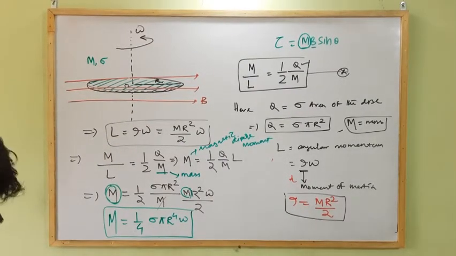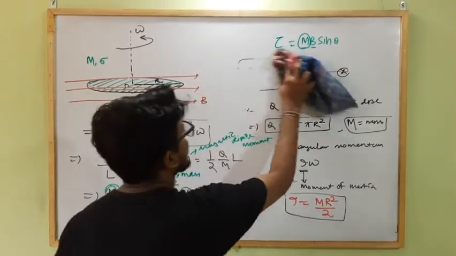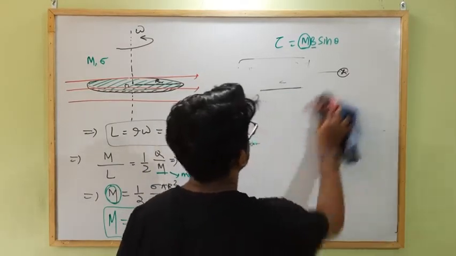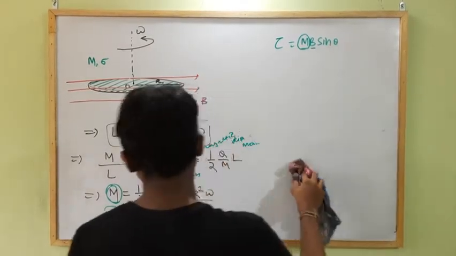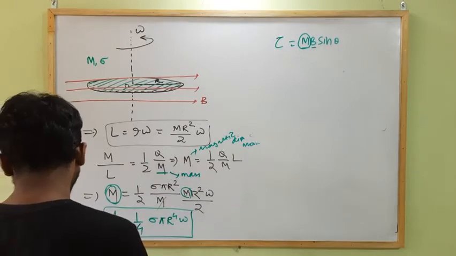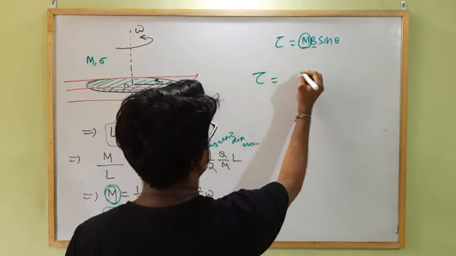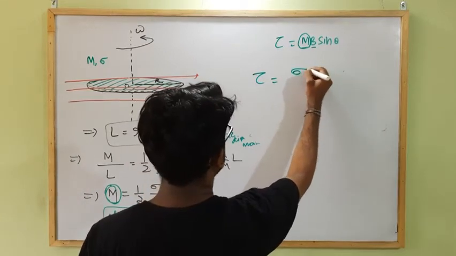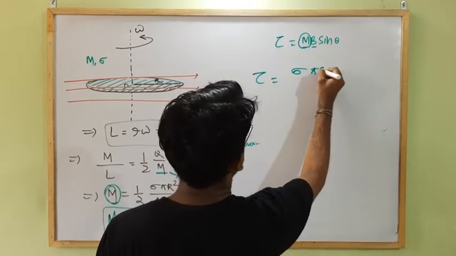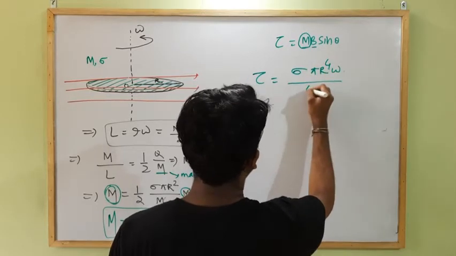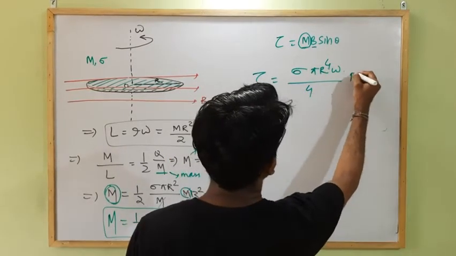So the torque acting on it will be how much? By using the value of M, the torque tau is equal to sigma pi r to the fourth omega by 4 into B sin theta.